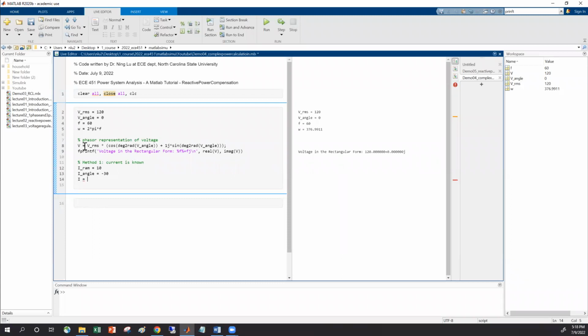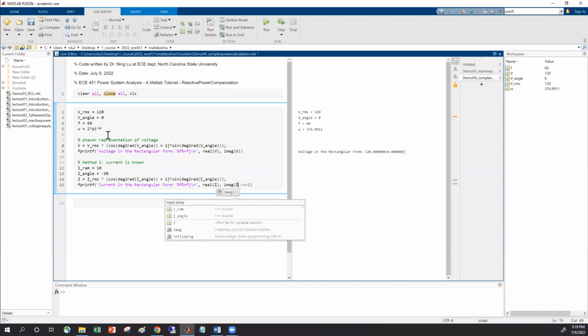So you basically can just copy everything over, but change the V to I. So this will be I angle, change the V to I. I can also copy this part over. So this will be current. So this will be I, and this will be I.